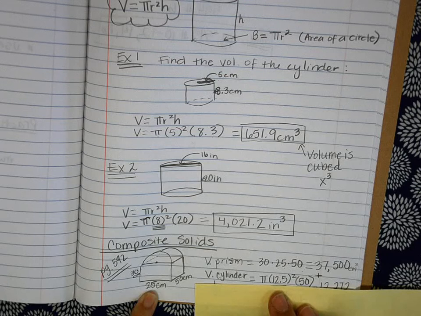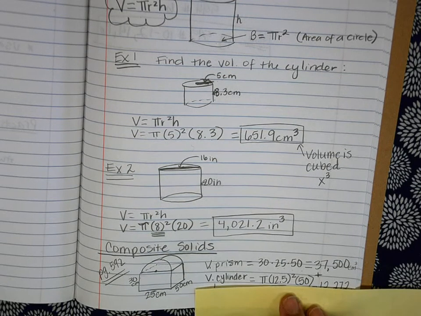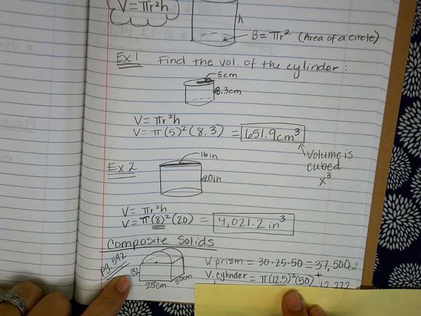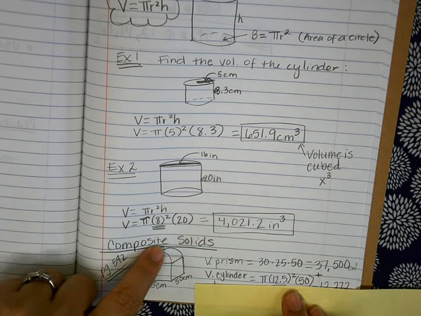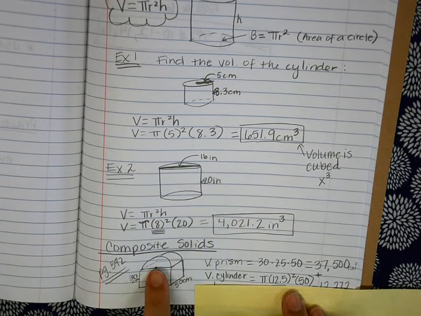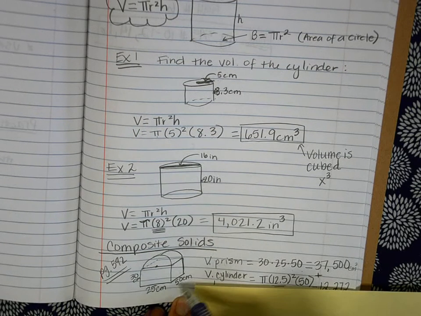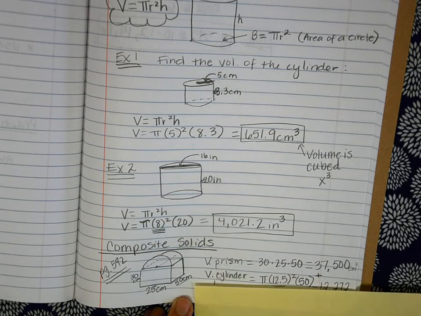Then we multiply that times 50. Why not 30? Is 30 any part of the cylinder here? No, 50 is. You can see there's 50 right there. You have to be able to visualize these 3D shapes.